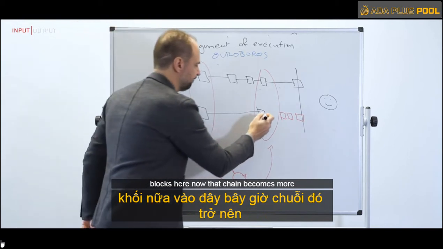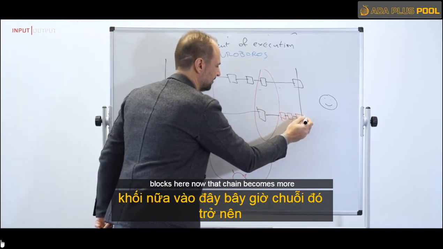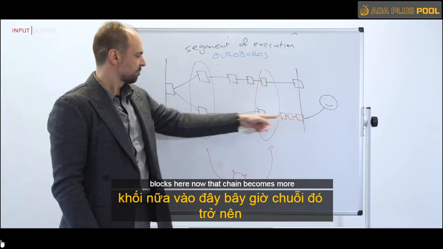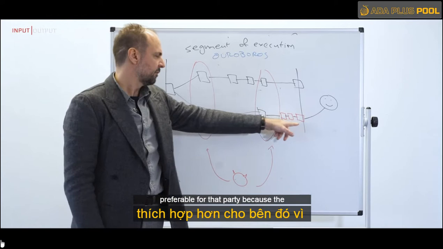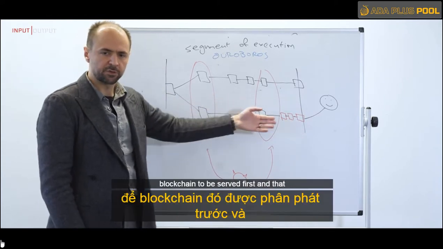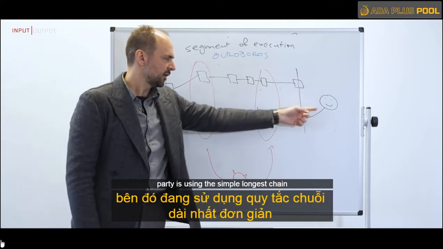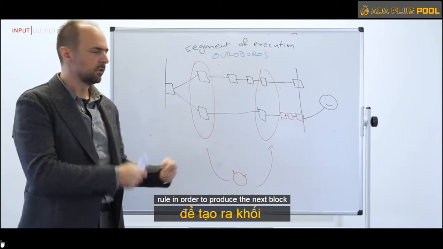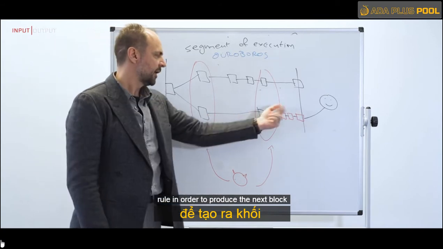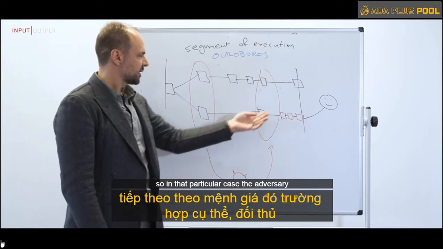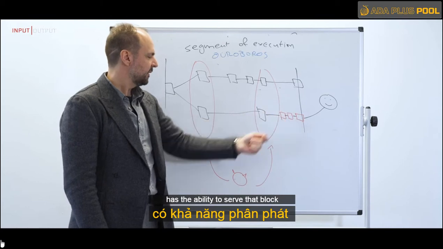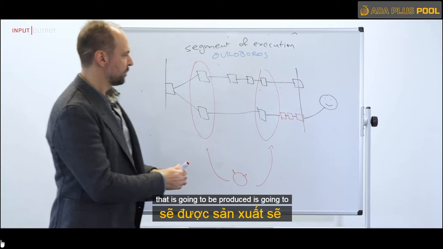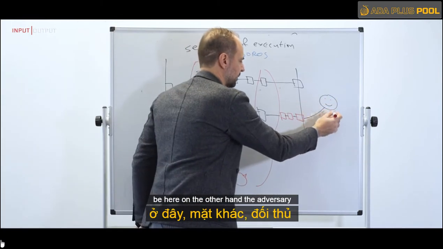Now that chain becomes more preferable for that party because the adversary can arrange for that blockchain to be served first. And that party is using the simple longest chain rule in order to produce the next block. So in that particular case, the next block that is going to be produced is going to be here.